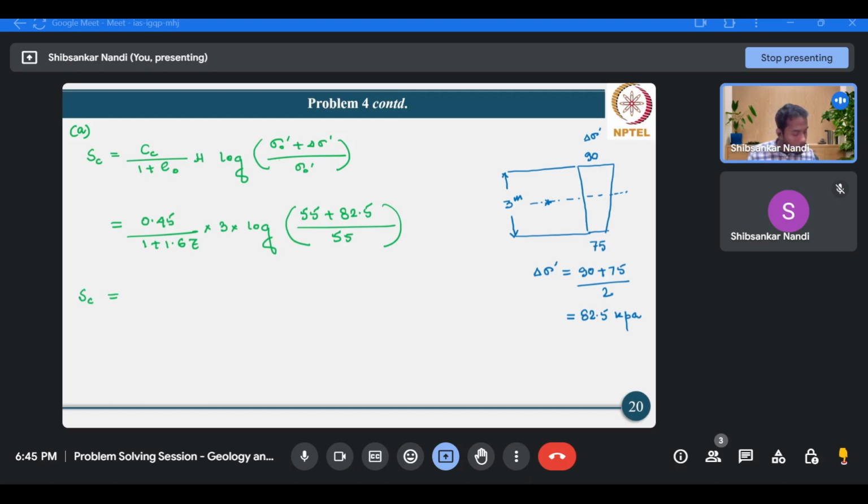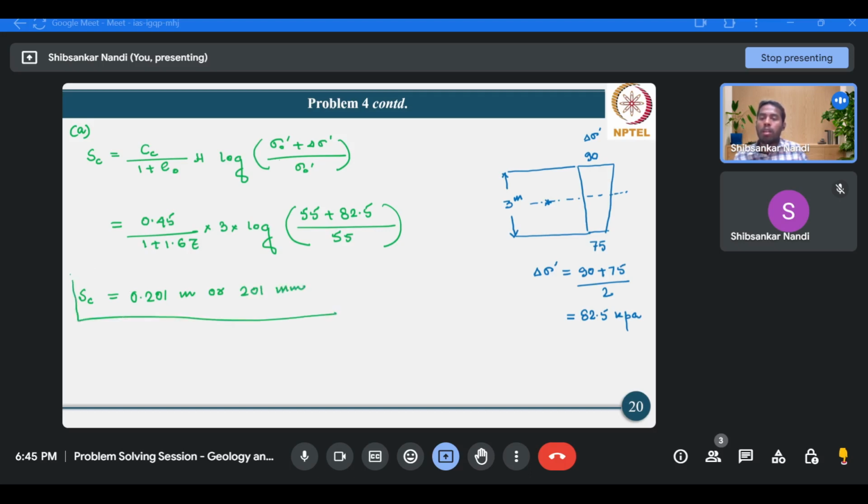So 0.45 and so on, it's 0.201 meter, or 201 millimeter.